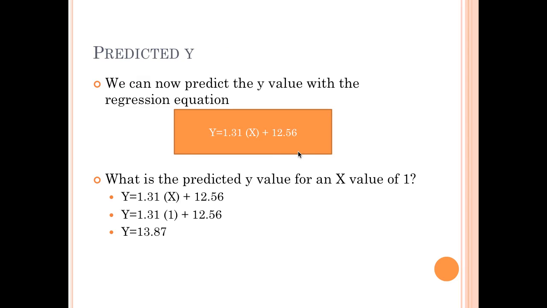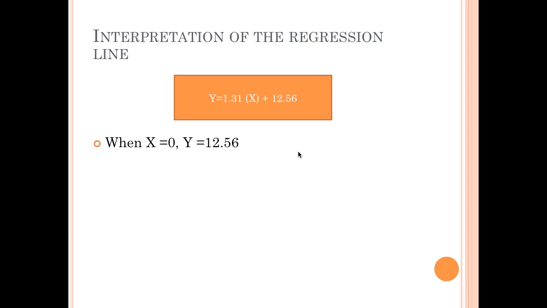So now we can do that. If you plugged in a value of 1 for x, you would get a predicted value for y of 13.87. So the y-intercept, A, y equals 12.56 when x is 0.